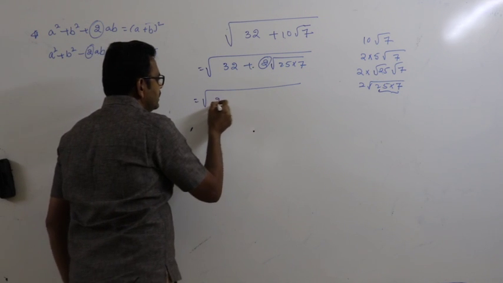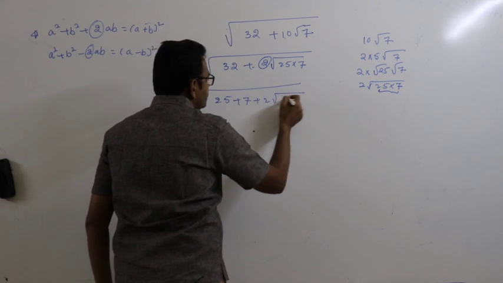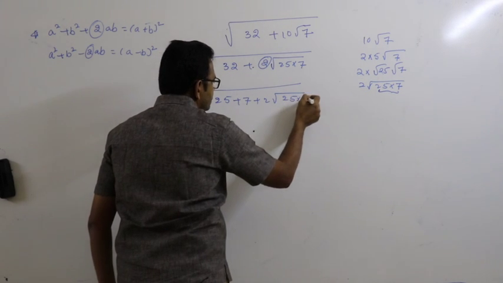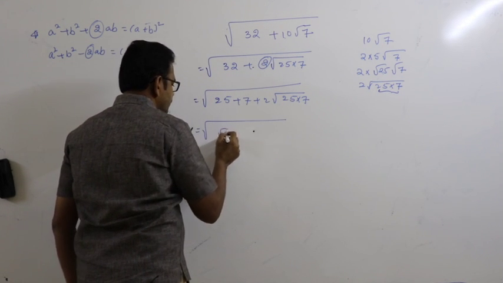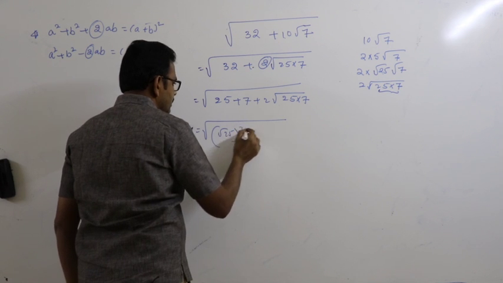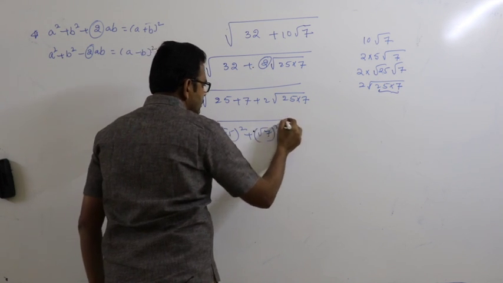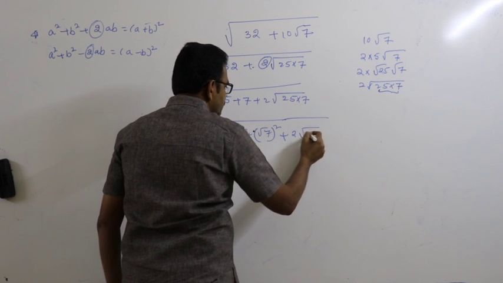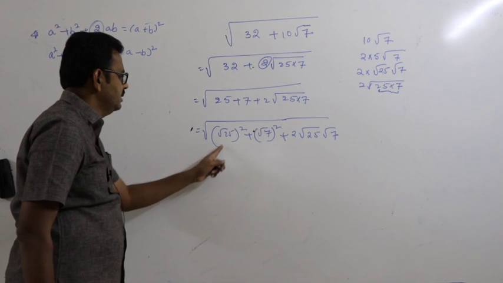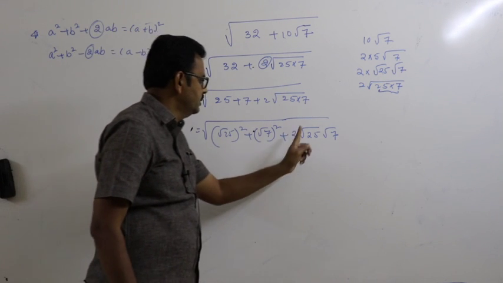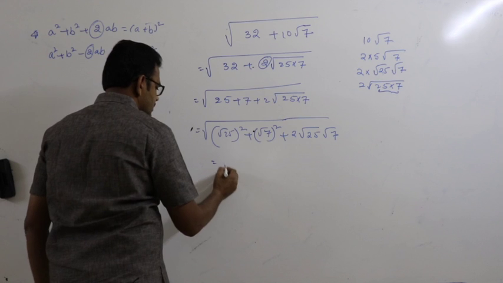So this is 25 plus 7 plus 2 into root 25 into root 7. That is the root of root 25 whole square plus root 7 whole square plus 2 into root 25 into root 7. a square plus b square plus 2ab is equal to a plus b whole square.